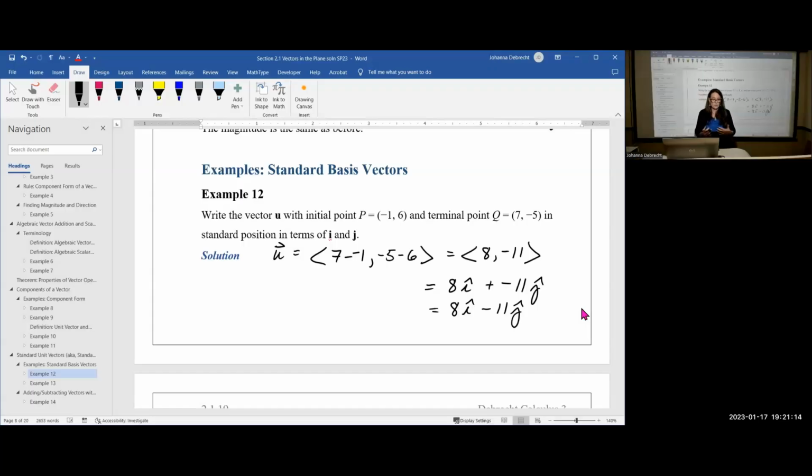And then you've written it in terms of the standard basis vectors or the standard unit vectors. And notice that this is not using the angle bracket form. This is the standard basis vector form. So I will ask on exams, typically, students to take a vector with some initial point and terminal point and write it in standard position, and then also write it in standard basis vector form, in the unit vector i and j form.